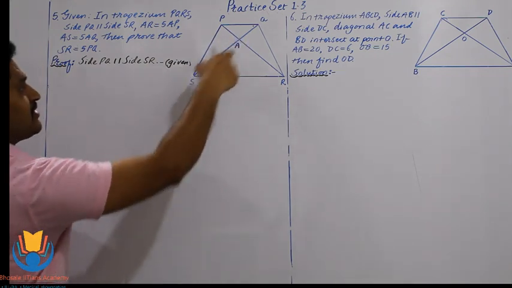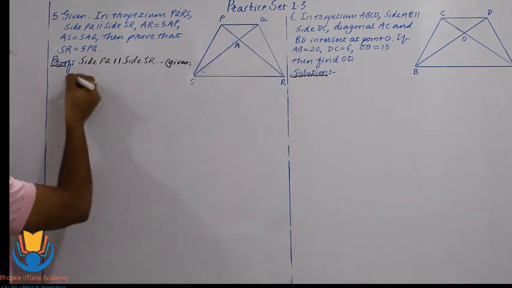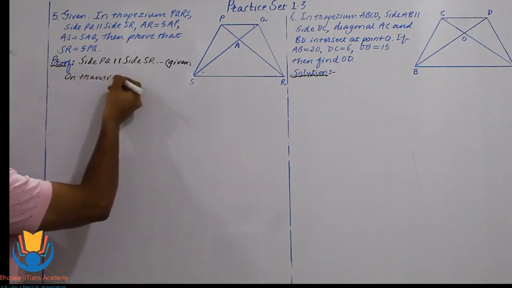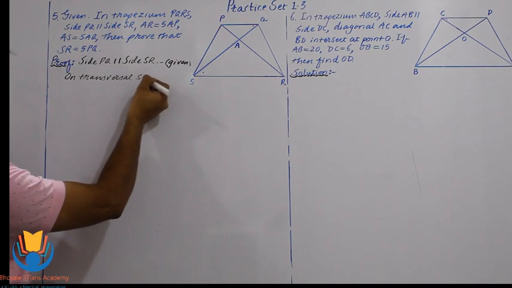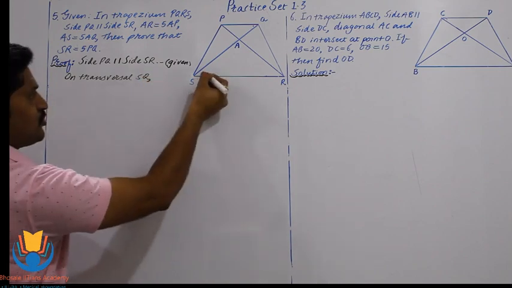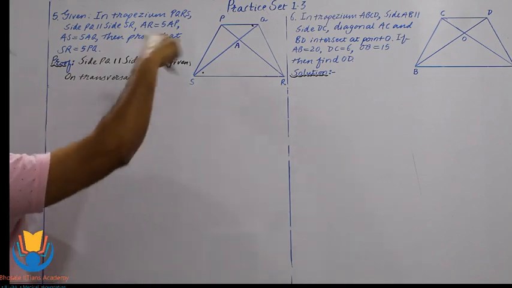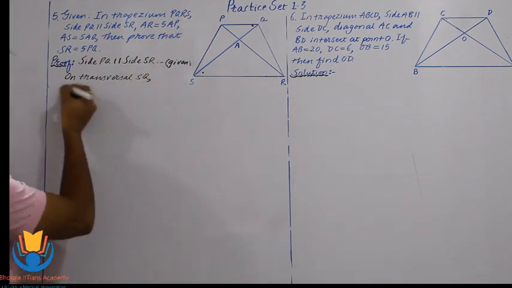Let's take that transversal as diagonal SQ. So on transversal SQ, look at those two angles. These are alternate angles that are formed by those two parallel lines on this transversal SQ.